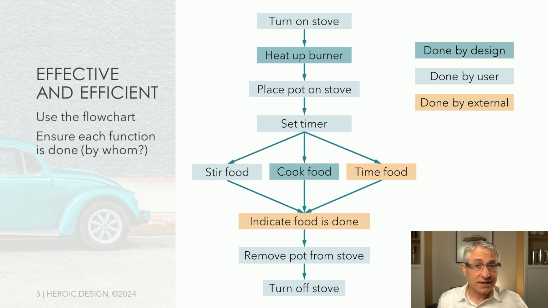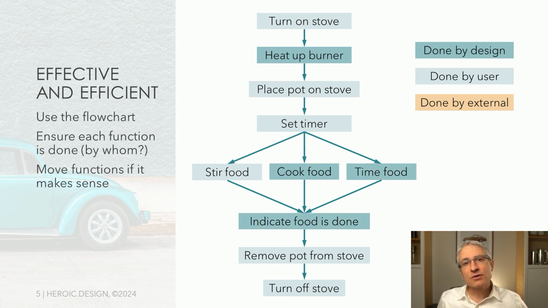Let's say you're designing a stove. Your user could use their own timer, or maybe you should include a timer in the stove. That timer could just alert the user, or it could turn the stove off when it's done, like a microwave does. Once you're sure that all the jobs are being done, the next step in effectiveness is to ensure that all the jobs are being done well.